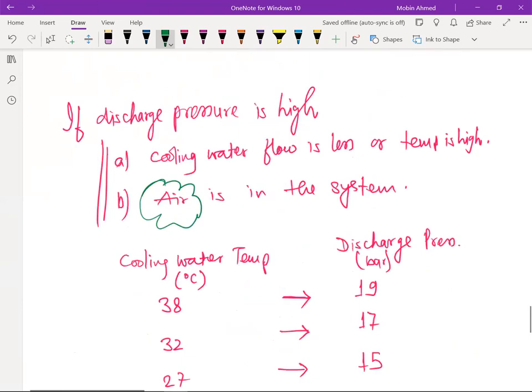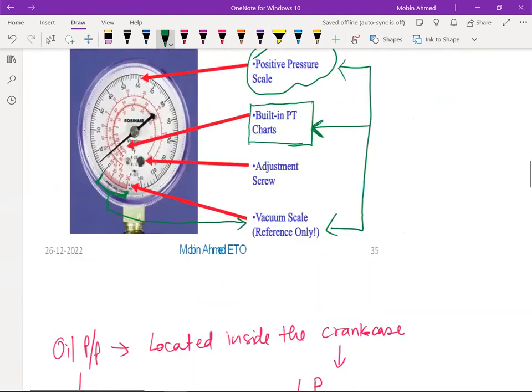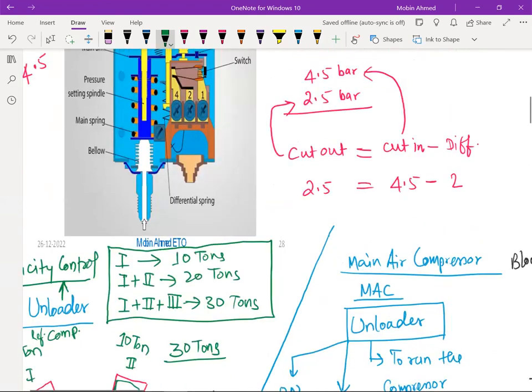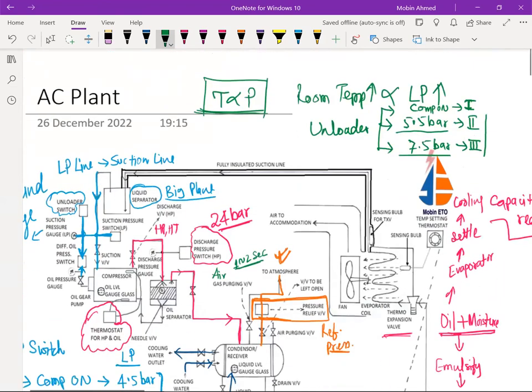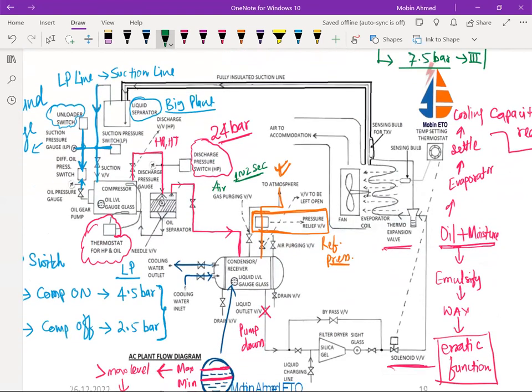Now if it is on the top of the condenser, and the condenser already has a very high pressure, 19 bar, 17 bar is very high pressure. If you open for 1 to 2 seconds, all the air will be out with the pressure.